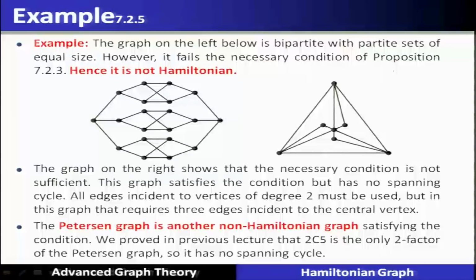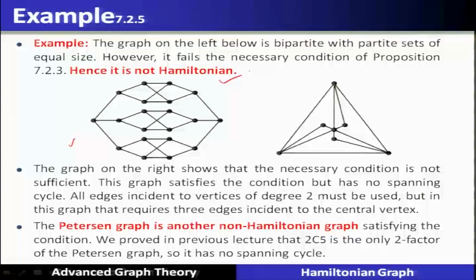Let us see an example to illustrate that proposition, which is a necessary condition for the existence of a Hamiltonian cycle. In this particular graph, which is a bipartite graph, we can see that it is not Hamiltonian.